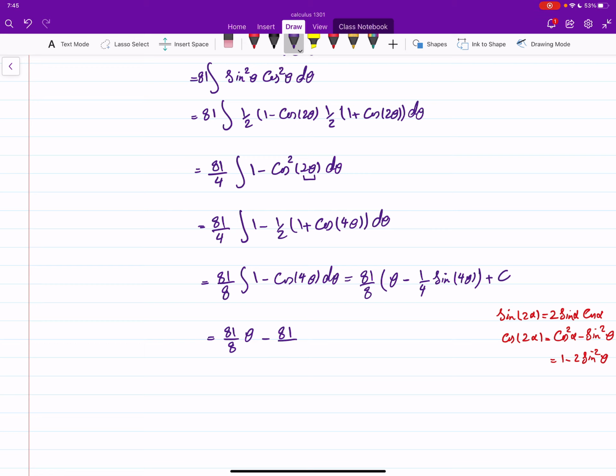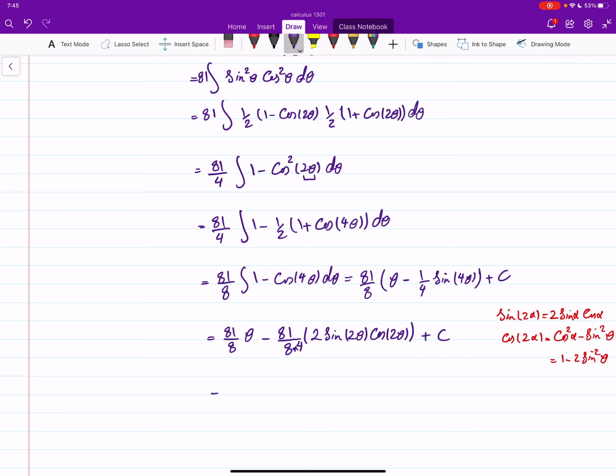81 over 8. Let me put that 4 out there. There will be 2 sine of 2 theta cosine 2 theta.